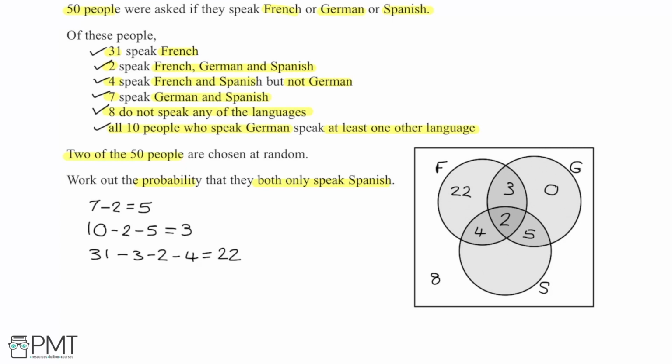And I can work this value out by taking the total number of people, which is 50, which all of the numbers in the Venn diagram should sum to, and subtracting every other value in the Venn diagram. So subtracting the 22, 3, 2, 4, 5 and 8, and that's going to come out with an answer of 6. So here we have that 6 people only speak Spanish.